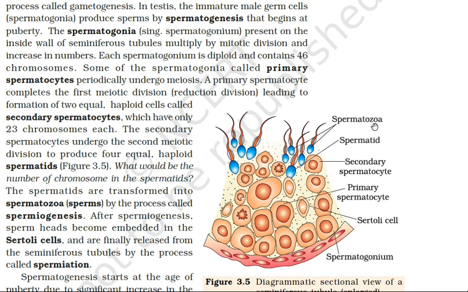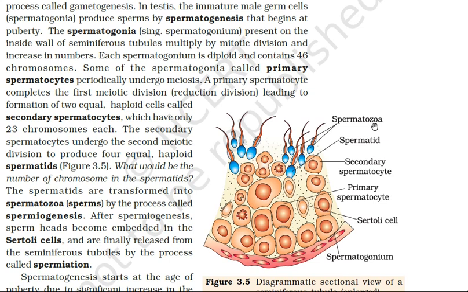Next we move on to the maturation phase. In the maturation phase, the meiotic divisions occur. That means the maturation phase gives rise to both meiosis 1 and meiosis 2 divisions.